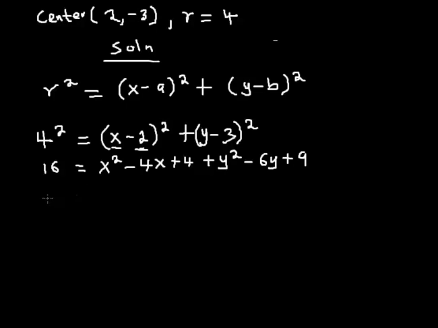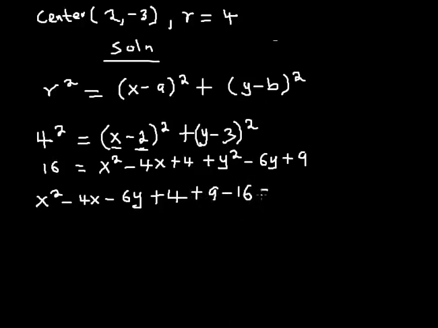So here we go. We collect like terms. What I will do is rearrange this equation. First I'll start with x squared. x squared doesn't have any like term. Minus 4x doesn't have any like term. Of course, minus 6y doesn't have any like term. My constant values have like terms, so I have plus 4 plus 9. Then I have to take the 16 to the other side of the equation, that's minus 16.